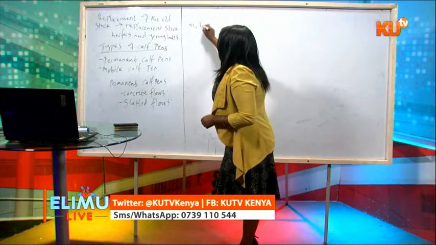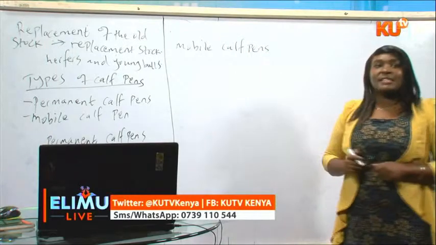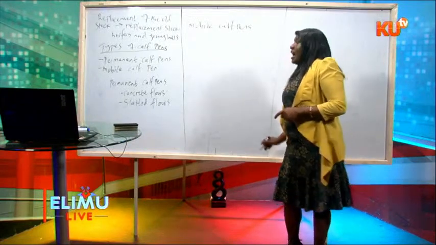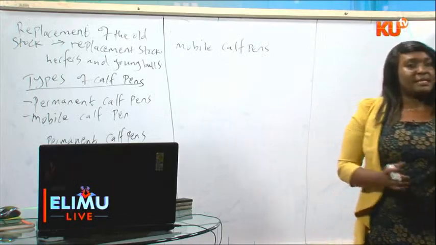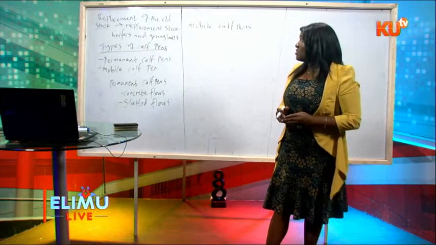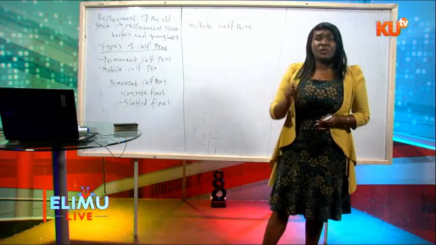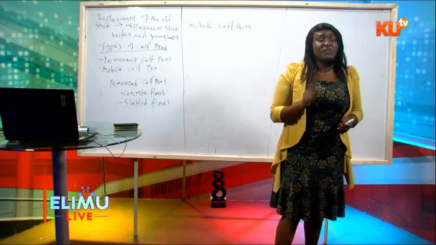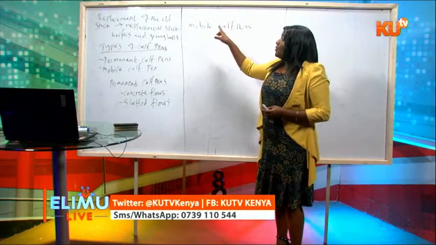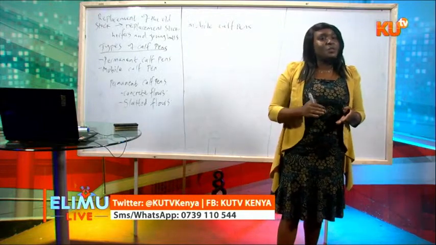So the mobile calf pens, dear learner, can easily be moved even after 2 days. Where you had placed it, you move it, and you move together with the calf so that you get fresh pastures. Because the calf is feeding on the pastures that are growing on the ground, the floor of that calf pen is not covered.